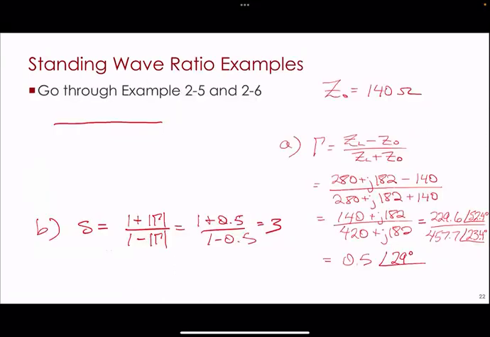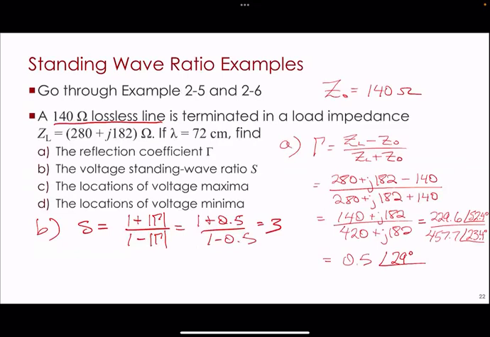Well, this part C is really asking, you got some transmission line, where is the maximum occurring, right? So we got to figure that out. And it's periodic. It will continue happening every so often, okay?